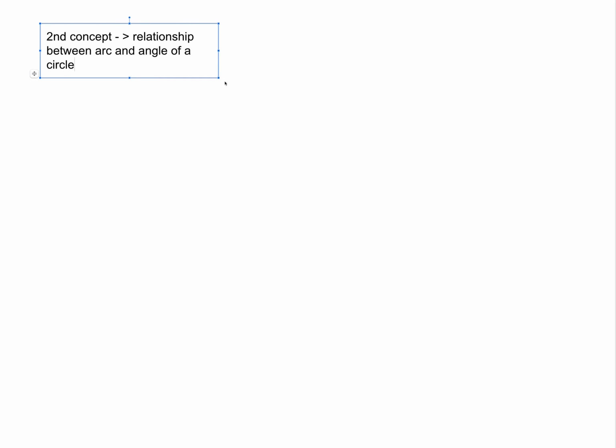Okay, so the second concept that we are going to discuss is nothing but the relationship between arc and angle of a circle. So this is a relationship between arc and angle of a circle.